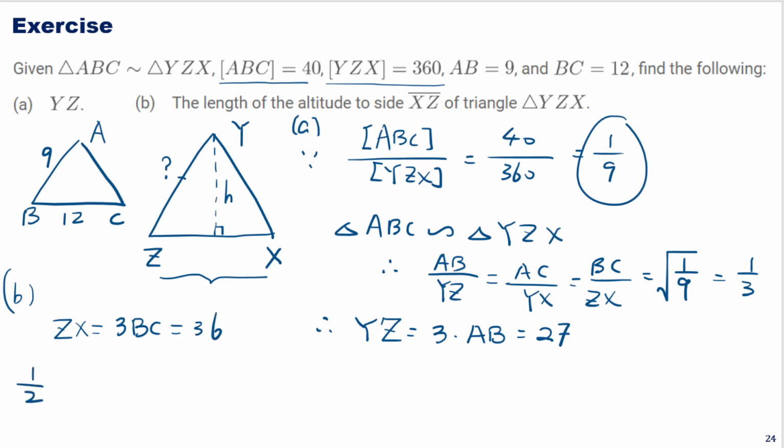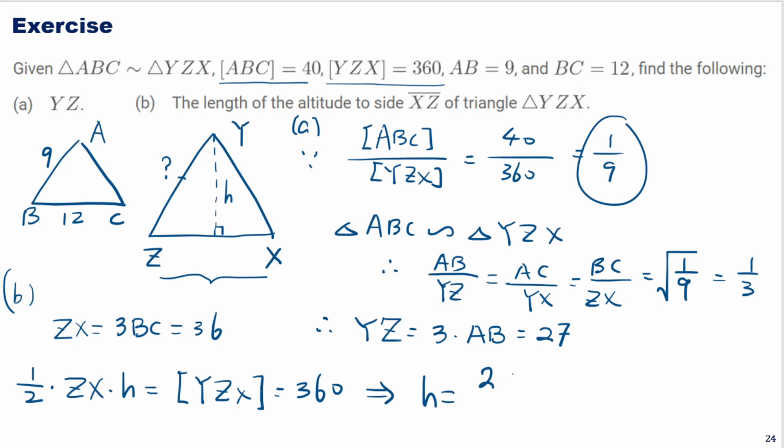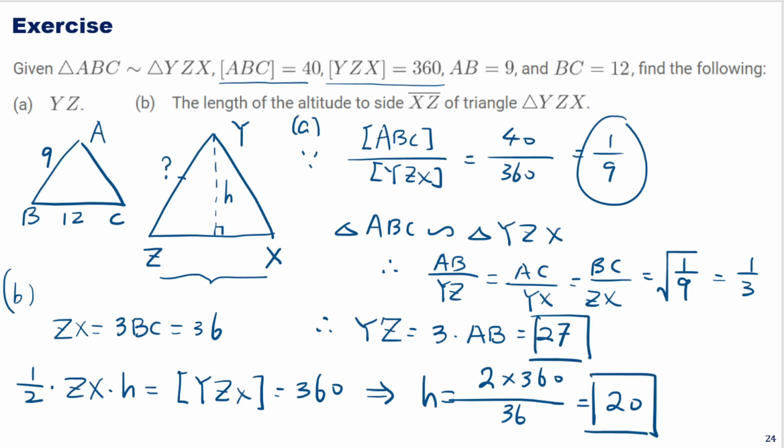And we also know 1/2 of ZX times h equals the area of YZX, which gives you 360. And that tells us h equals 2 times 360 over ZX. ZX is 36. So that'll give you 20, right? So 20 is the number you're looking for. Any questions?